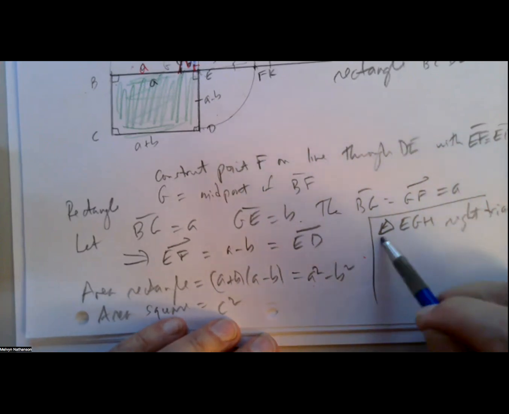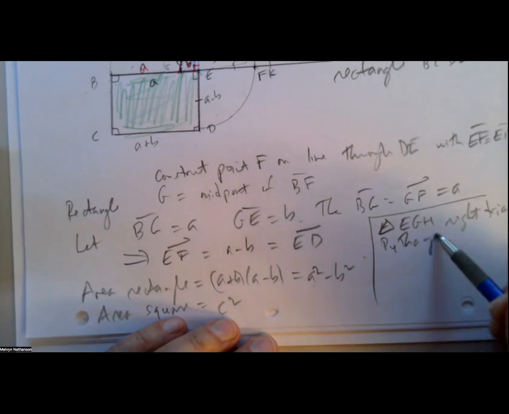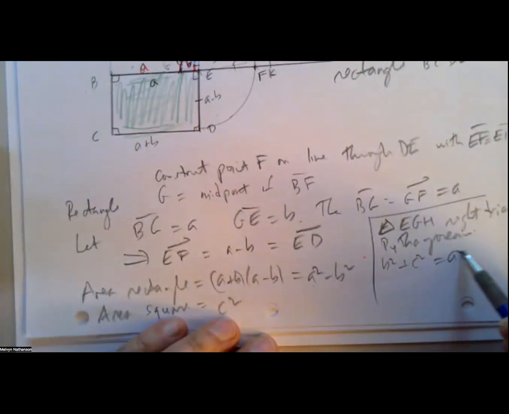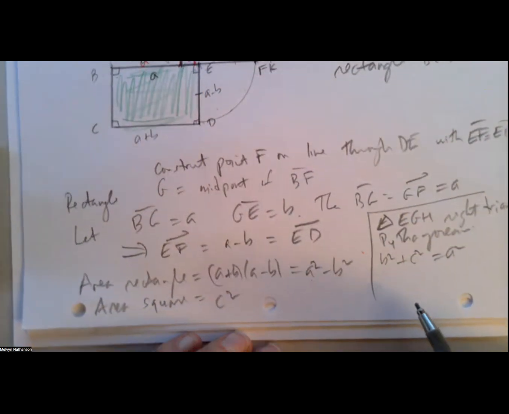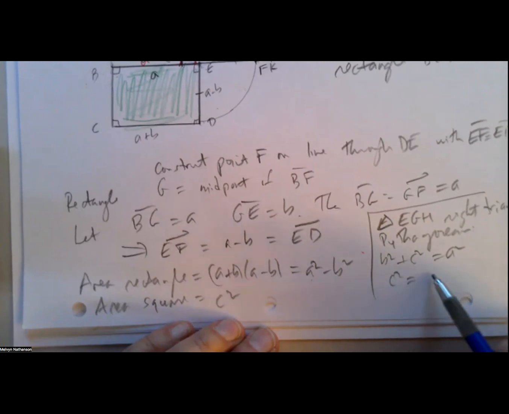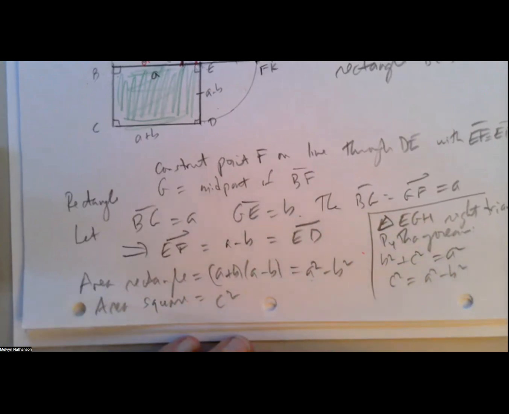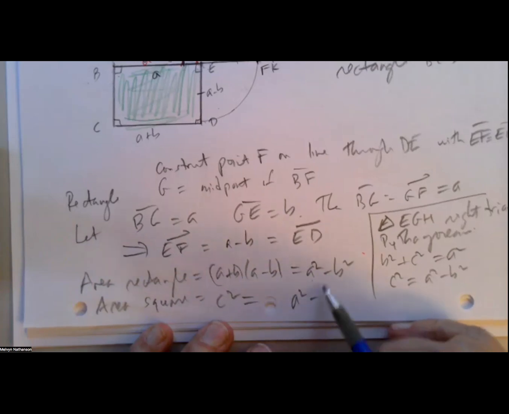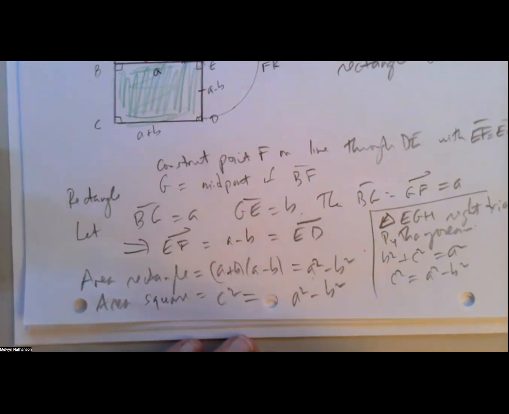By the Pythagorean theorem, B squared plus C squared equals A squared, which means C squared is A squared minus B squared. The area of the square is C squared, which is A squared minus B squared.